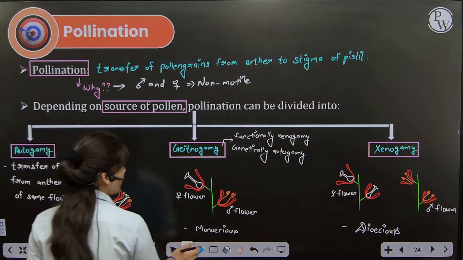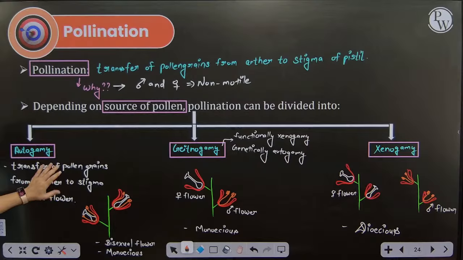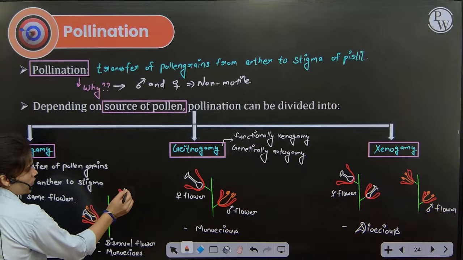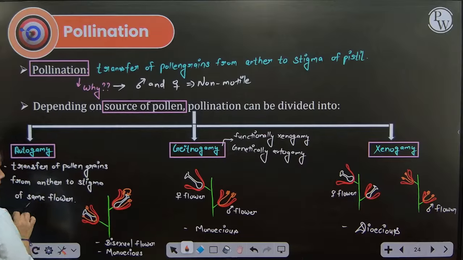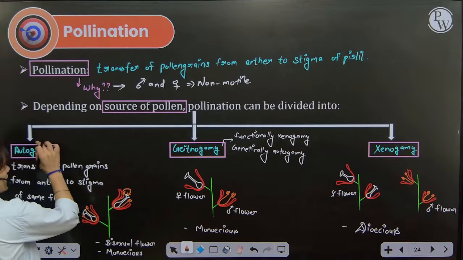What is autogamy? Transfer of pollen grains from anther to stigma of the same flower. That is known as autogamy.